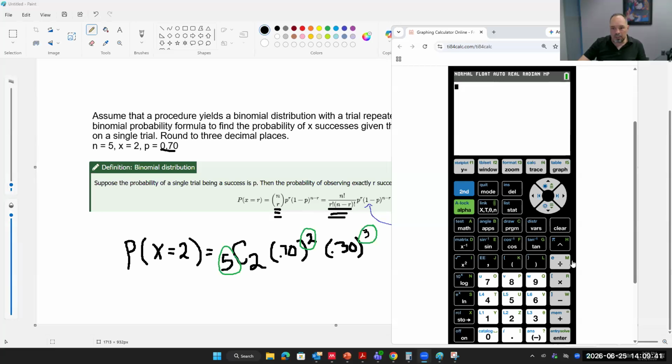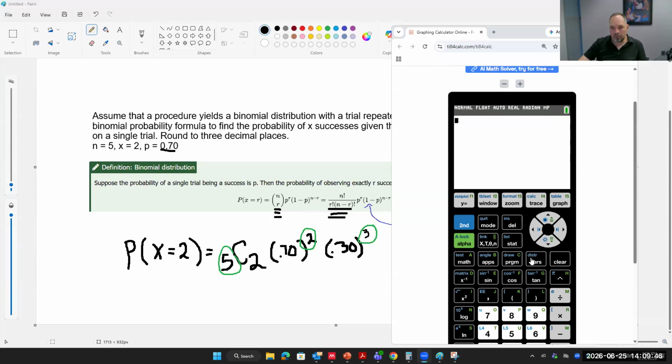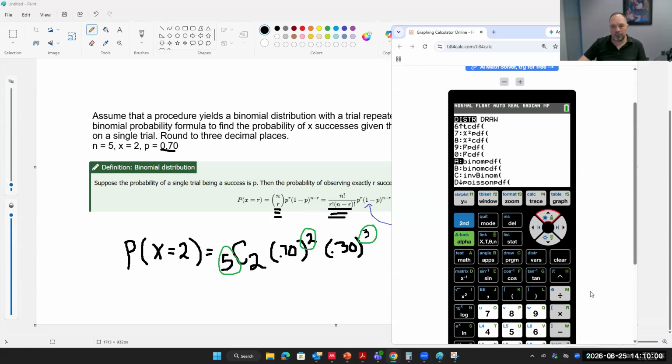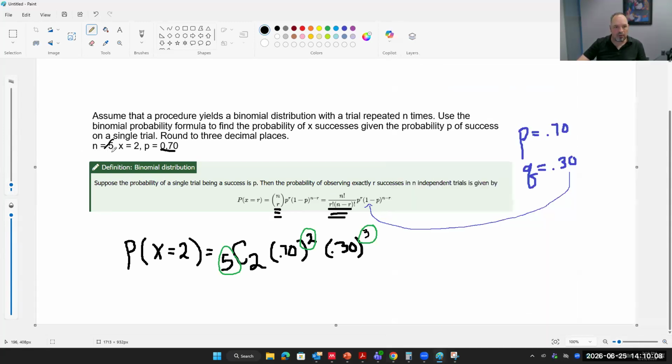An even easier way of doing it is to go to distribution. Let me see. And you're going to go to binomial PDF. And I've put in the data already, but the 5 is this 5.